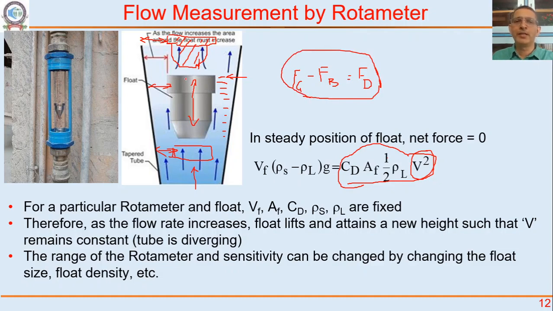So when the flow rate changes, the position of the float changes, and the calibration on this tube, where the position of the float is, you can calibrate in terms of the flow rate of the liquid through here, and the flow rate of the liquid is the same as the flow rate through this pipeline. So you can know the flow rate of the liquid in the pipeline by knowing the position of the float. This is called a rotameter, and it allows us to measure the flow rate.